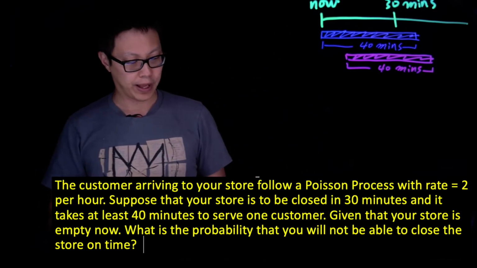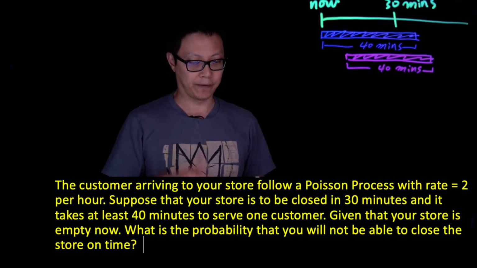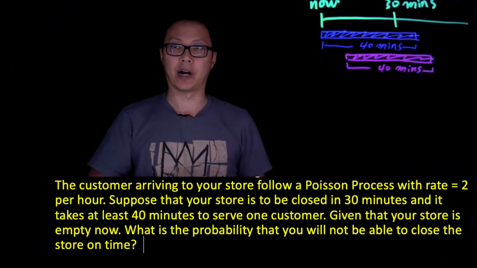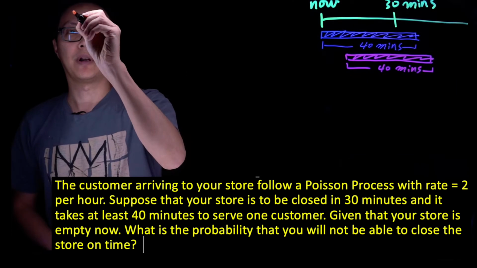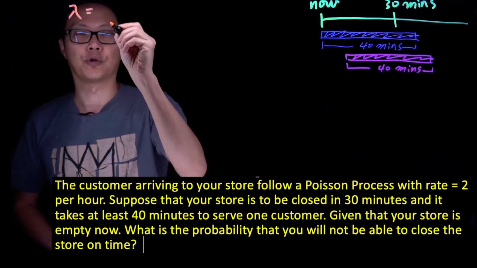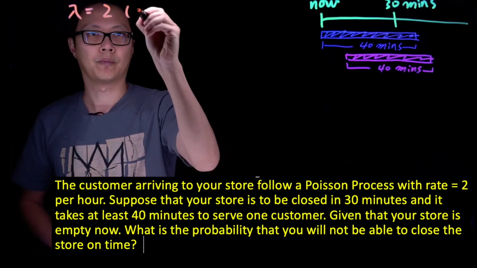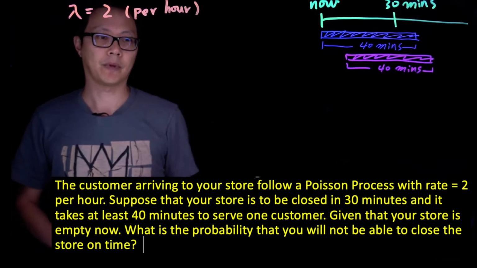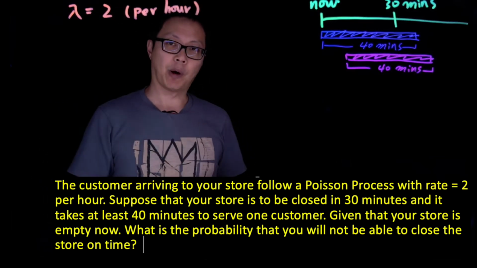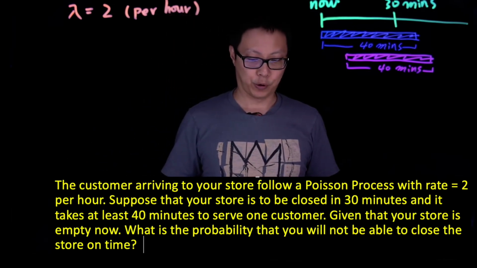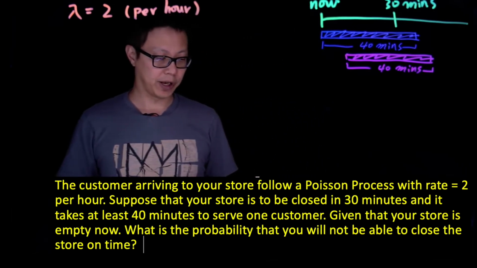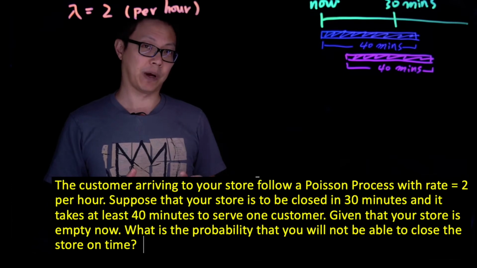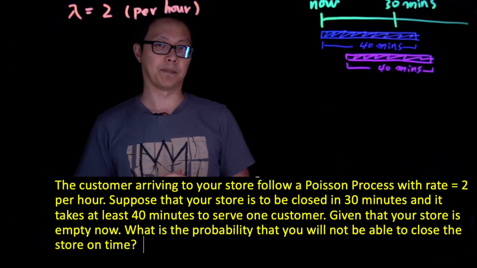First, we know that the customer will arrive at a rate of 2 per hour. So we know lambda is equal to 2 per hour. But if you read the problem description carefully, you will notice that for every duration we are talking about here, the unit is in minutes.